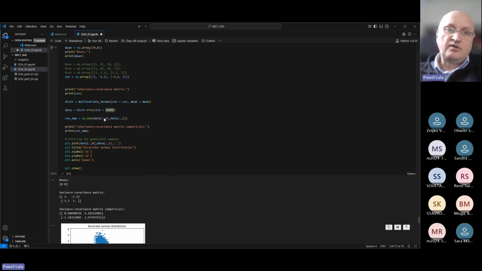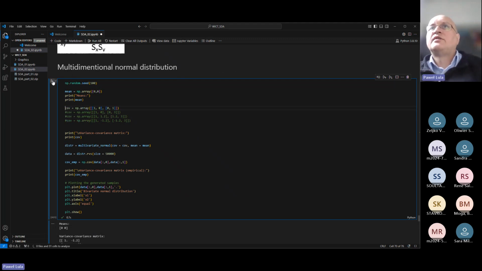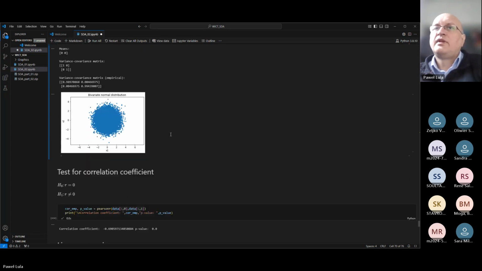When we are talking about statistical verification of hypothesis, in this case, it is difficult to say that the covariance or correlation exists between values of these two variables.